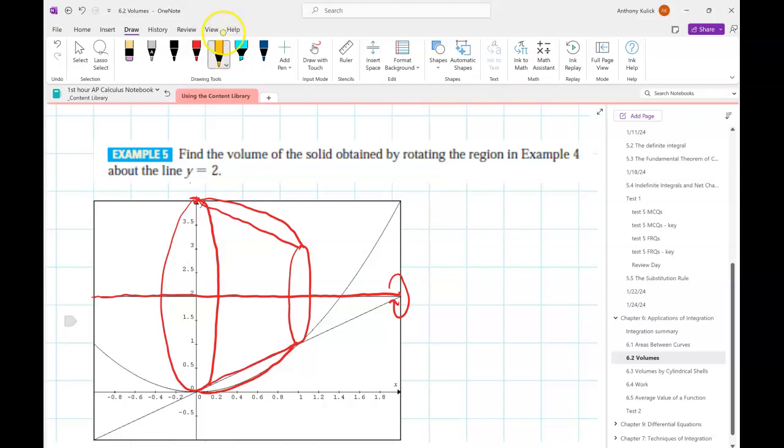So if I take my cross section here in the middle, my outer radius is going to be to that curved function, and my inner radius would go to the straight line.